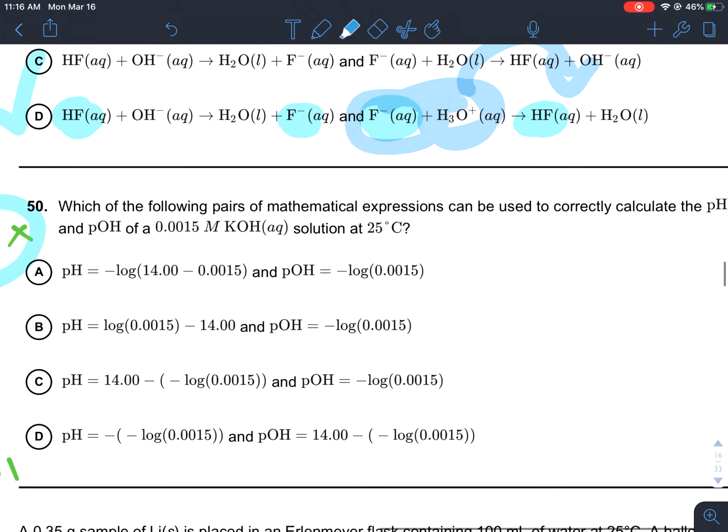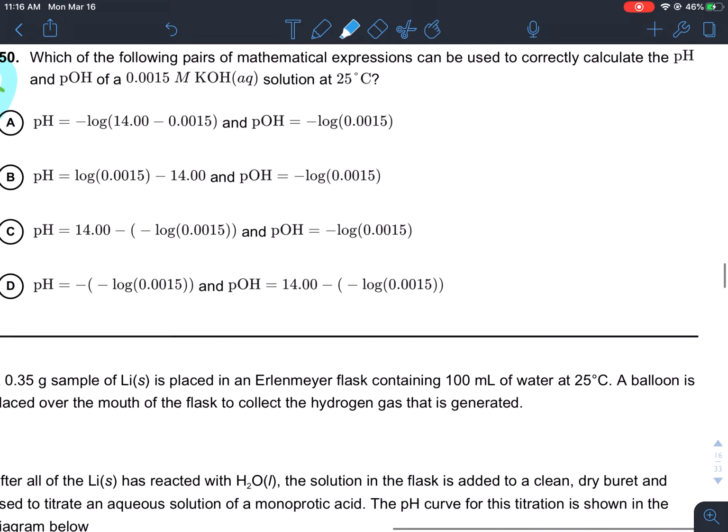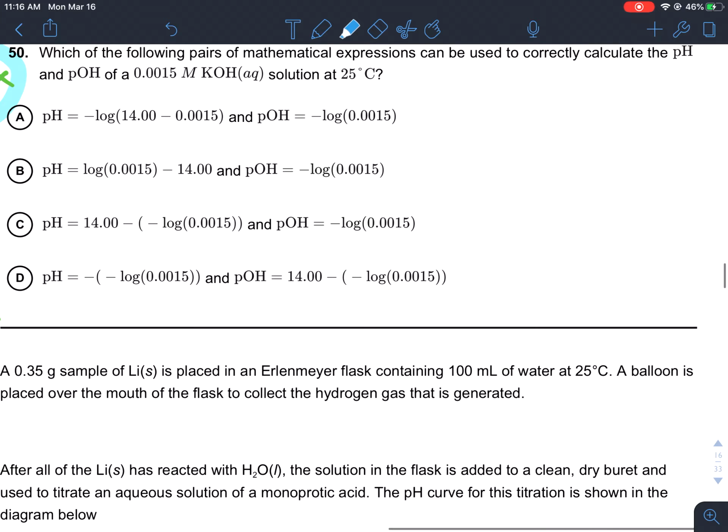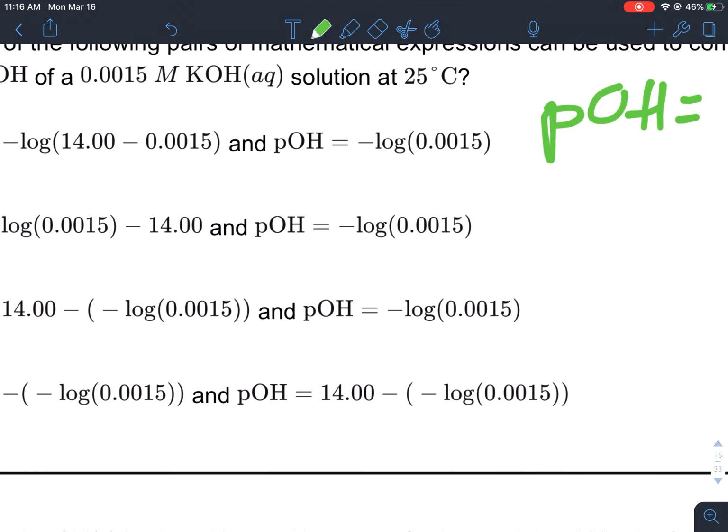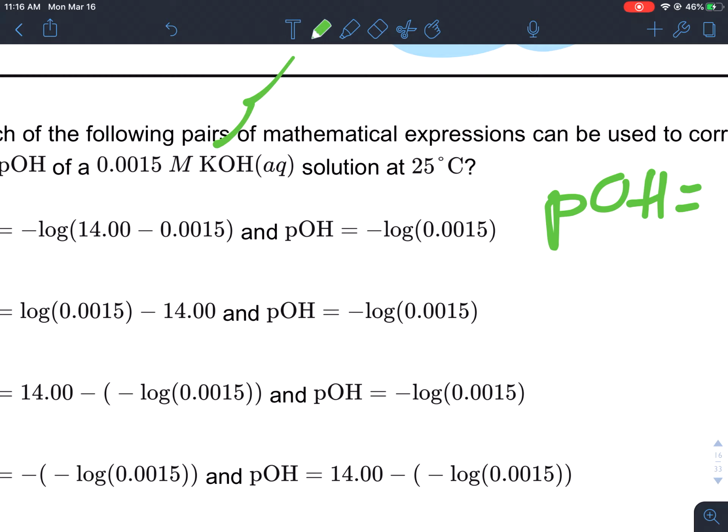Okay, number 50. Which of the following pairs of mathematical expressions can be used correctly to calculate pH and pOH of a solution? If I want to find the pOH, I will have to take the negative log of my OH minus. And my OH minus, remember, K is a spectator, it goes away, right?